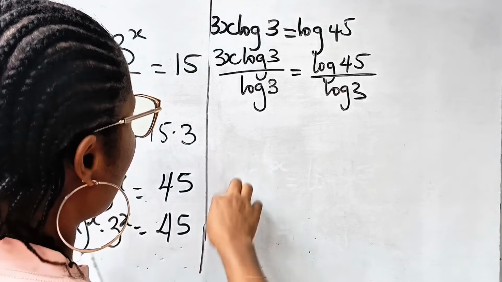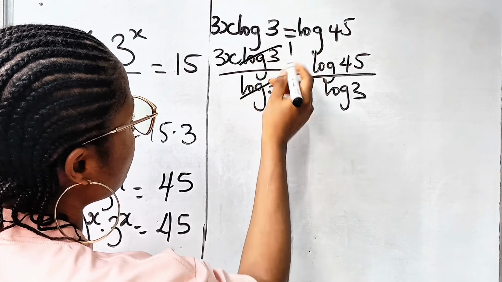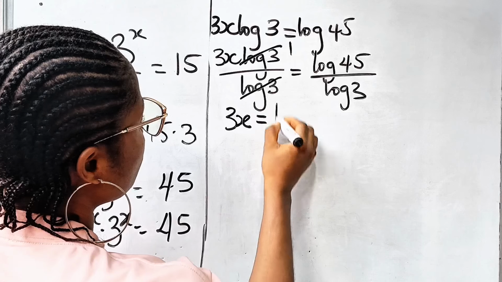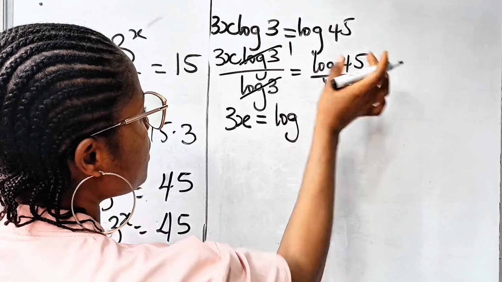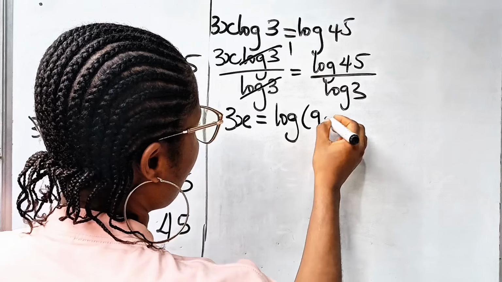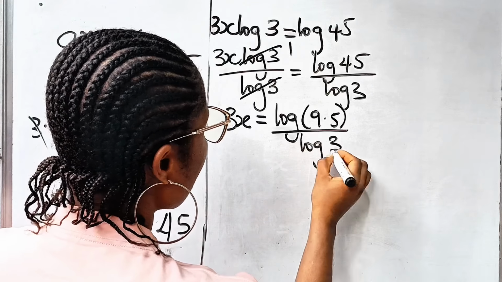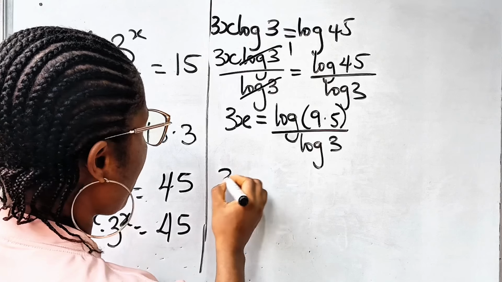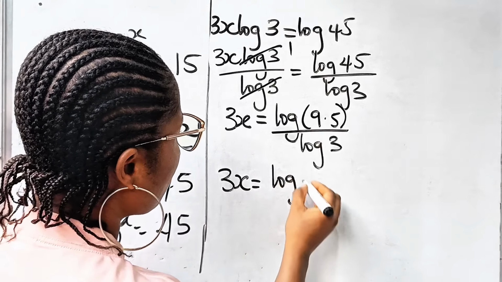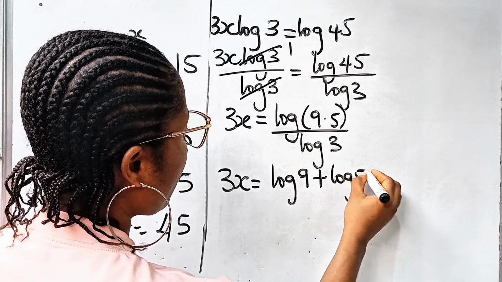Okay, now we go ahead. Log 3 will divide itself. We have 1. 1 times 3x is 3x is equal to log. Now let's express 45 as 9 times 5 divided by log 3. So we have 3x is equal to log 9 plus log 5.